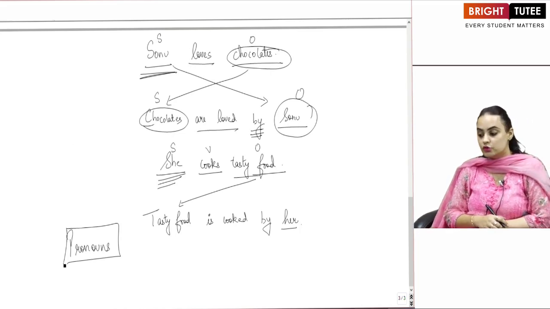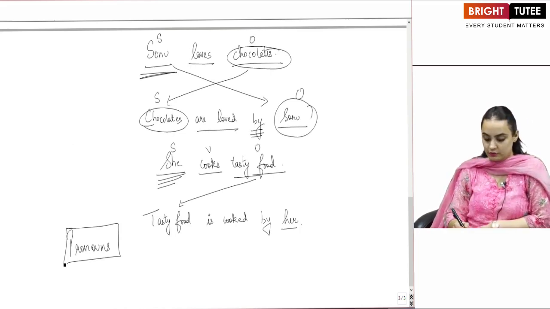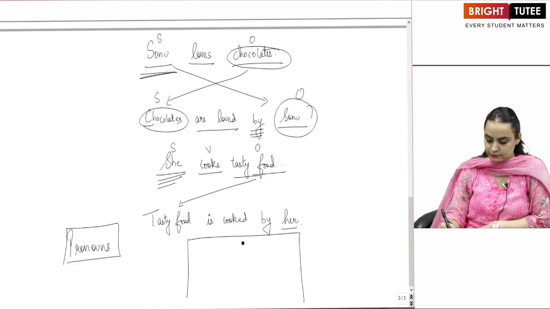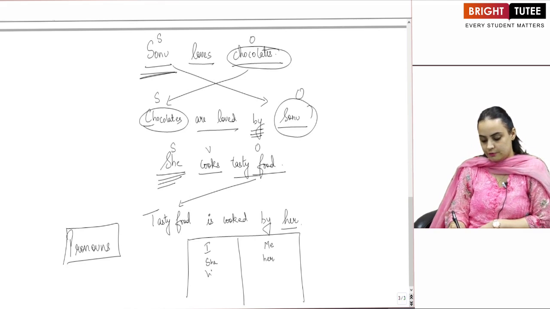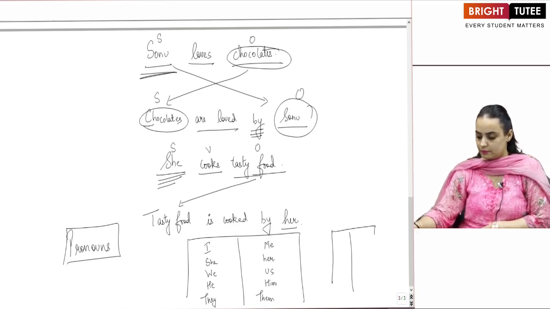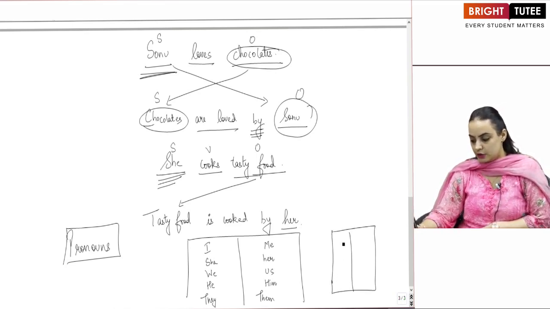Now, what conversion takes place when changing a pronoun? I changes to me, she changes to her, we changes to us, he changes to him, they changes to them, then you remains you and it remains it.